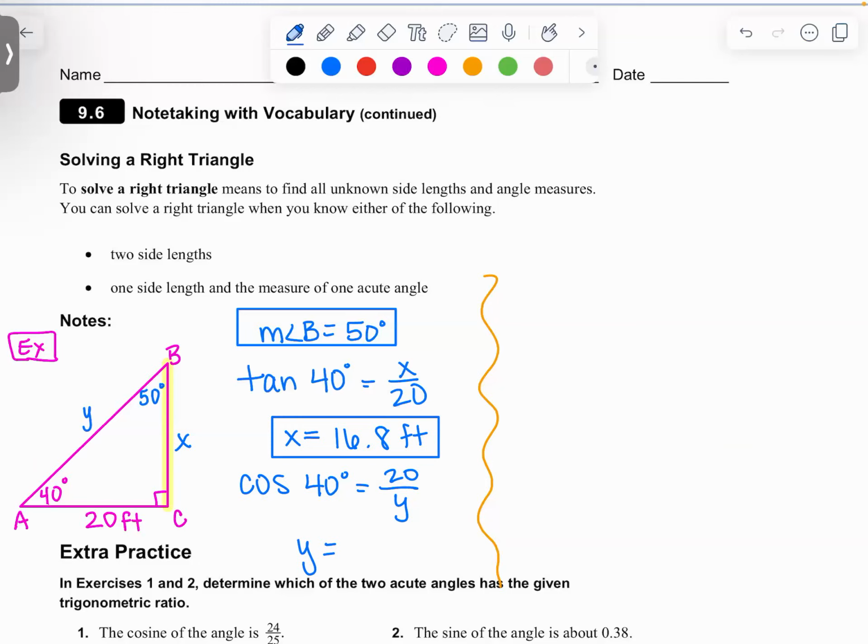Could you do sine here, like 50? Yeah, you could do the same. What are you getting? Like 26.1 feet.